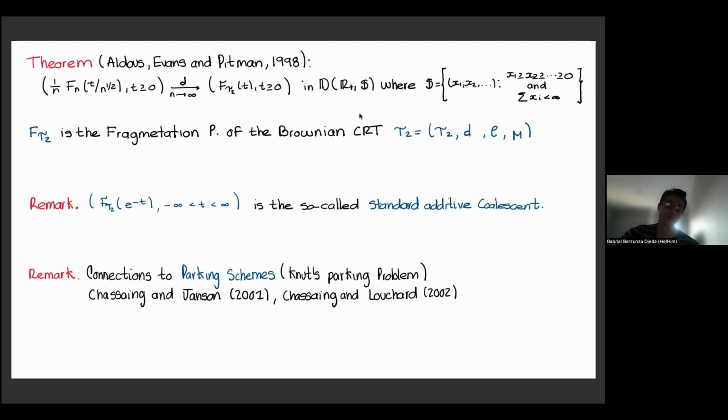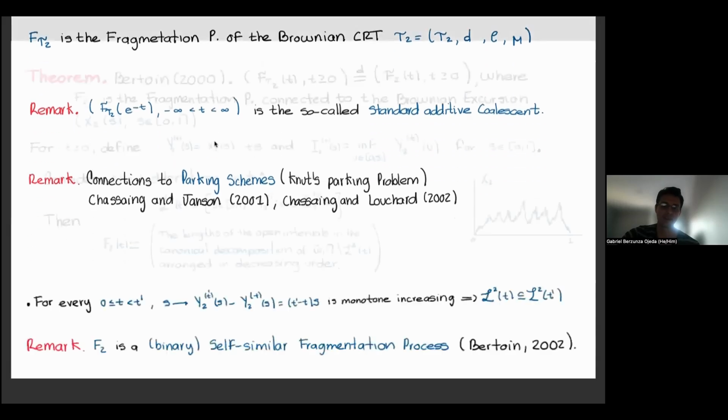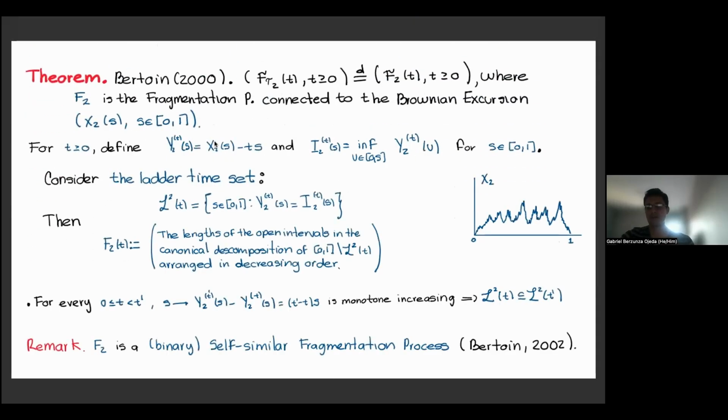So a natural question is: we know we can construct this fragmentation of the Brownian CRT by cutting the tree, but is it possible to define this fragmentation process directly using the excursion? And the answer is yes. This is a result due to Bertoin. He showed that this fragmentation associated with the Brownian CRT can also be constructed via the Brownian excursion which encodes the Brownian CRT. And here I will roughly recall how to do it.